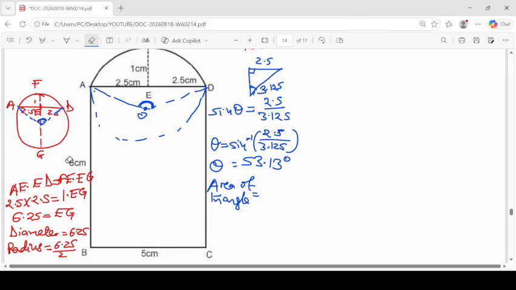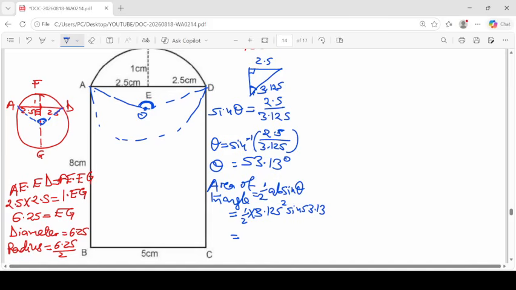A and B are the radius, so the area of this triangle is a half times 3.125 squared times sine 53.13.